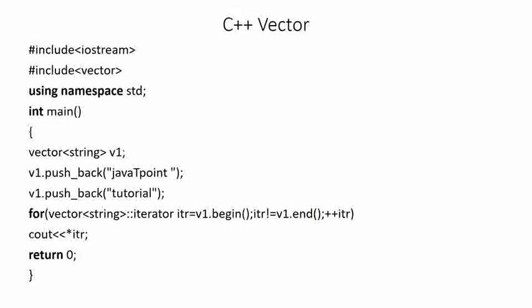For example, vector, list, deque, queue, priority queue, map, set, multiset, etc. In that syllabus, we study two different types of STL, standard template containers. First one is vector and second one is map, and we use them in our program also.